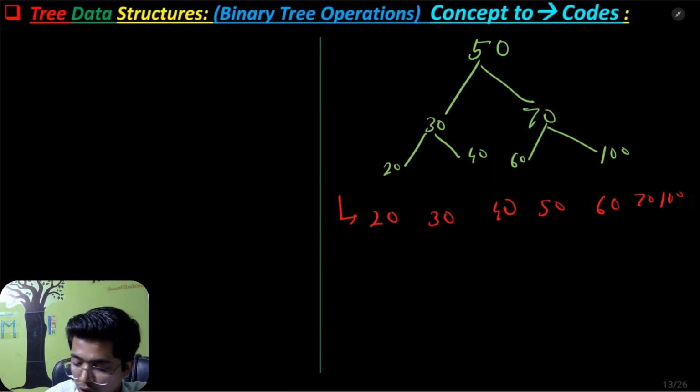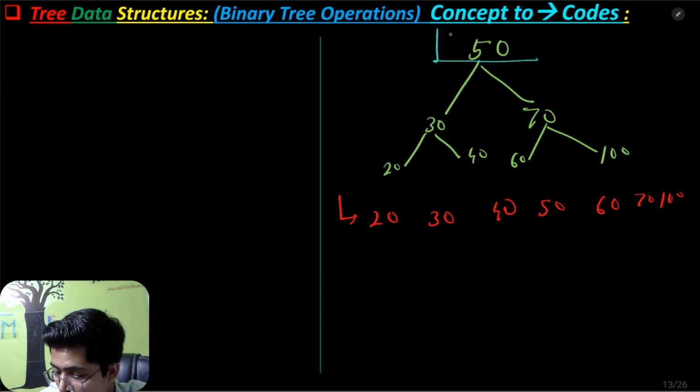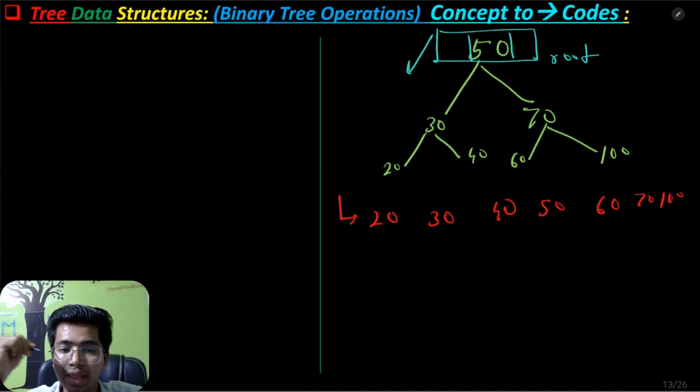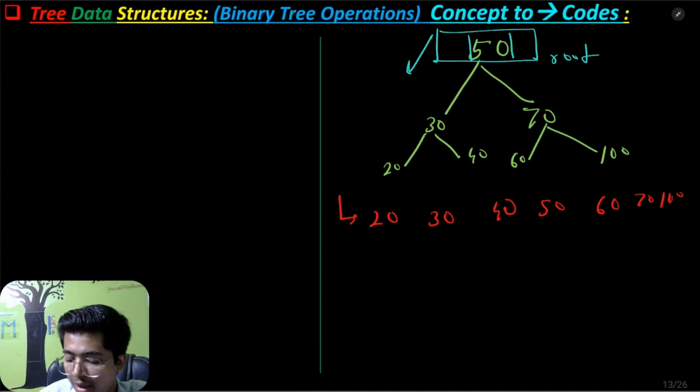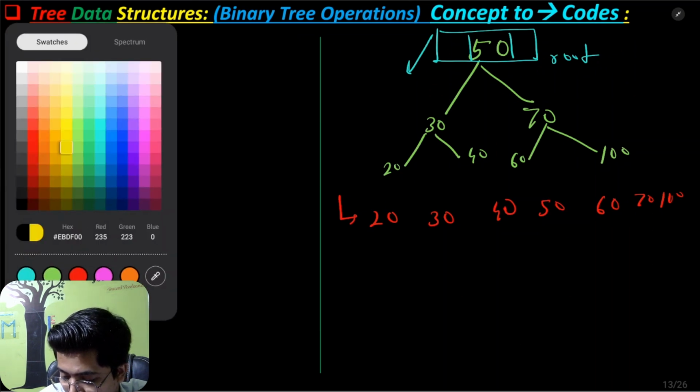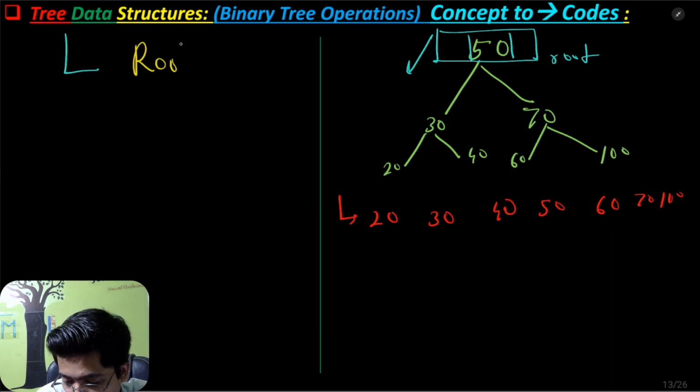So what we did: first we started with this root node, which was the first root. We came to this section as per the program, that first we have to move towards the left side, because that is the logic. First left, then we decide the root, and then we move towards the right.